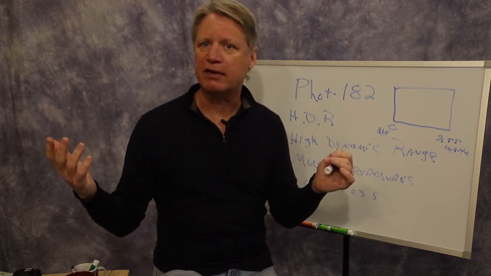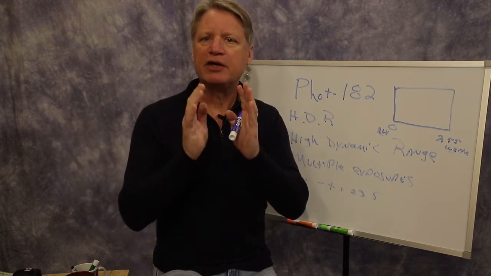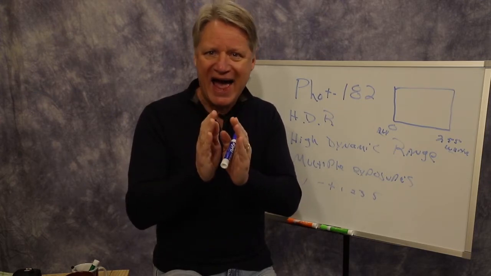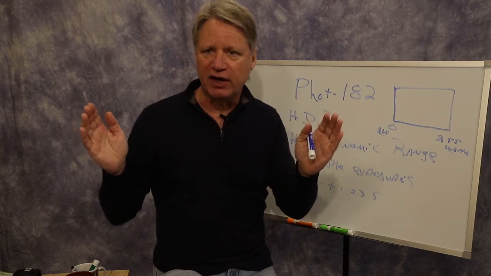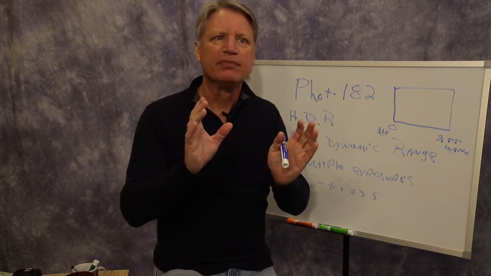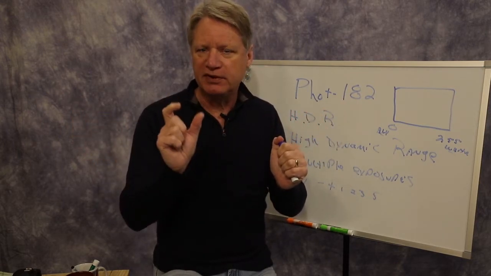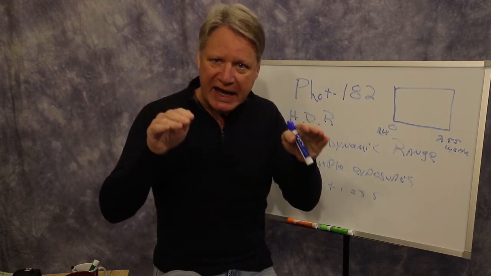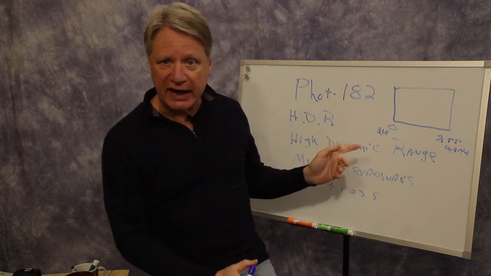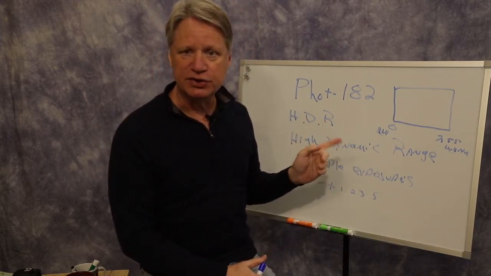It doesn't matter. All you need to make sure that you do is that you have a range of exposures that are different. And I would say different by at least a stop difference for each exposure. That's going to be the easiest entry into doing HDR photography, is to do that.